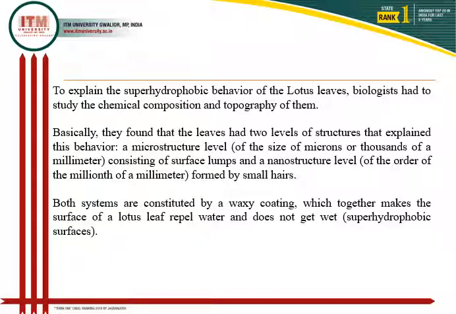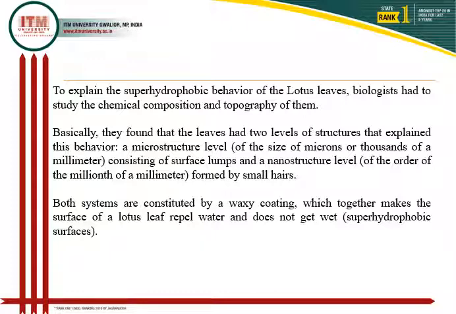A microstructure level, of the size of a micron or thousandth of a millimeter. This consists of surface lumps. And the second is the nanostructure level, of the order of a millionth of a millimeter, formed by small hairs.